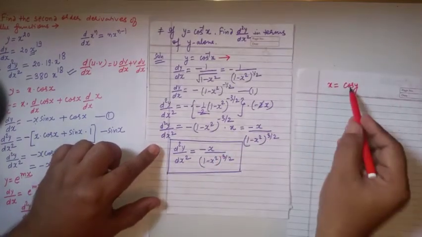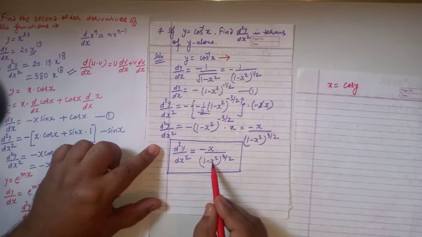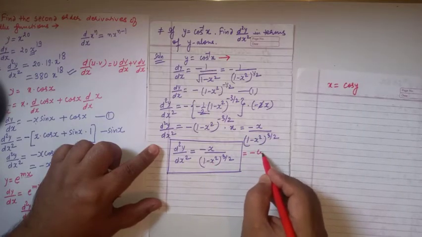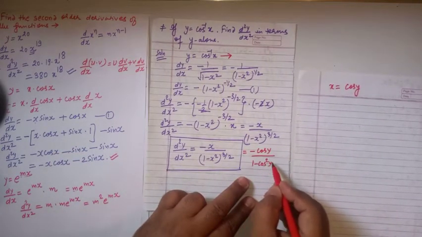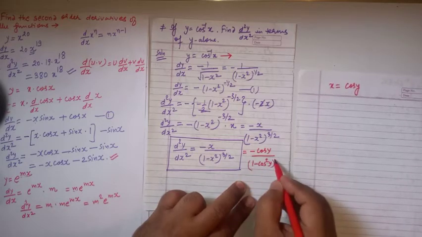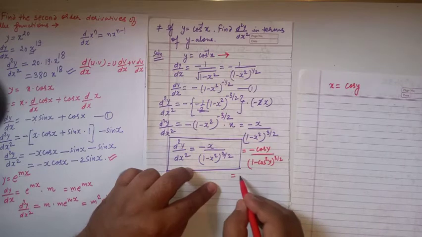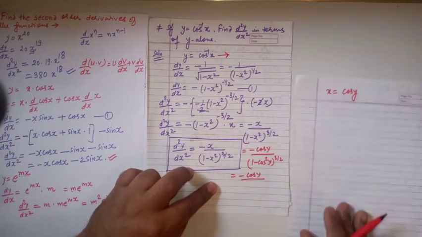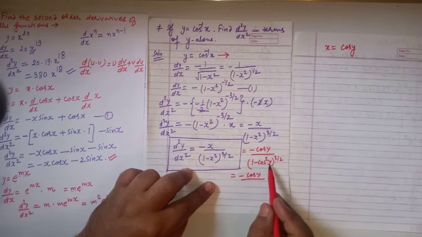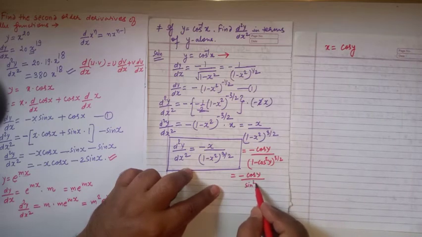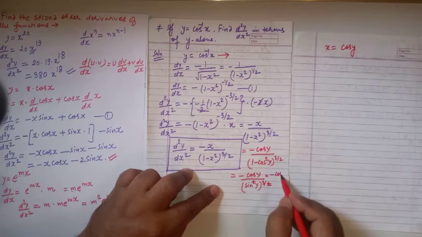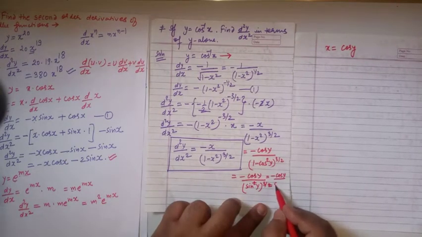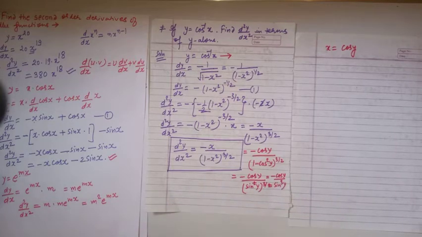And if we substitute x equal to cos y in this expression, then we have minus cos y, and then we have (1 minus cos square y) raised to 3 by 2, and this is minus cos y divided by, 1 minus cos square y is sin square y, so we have (sin square y) raised to 3 by 2, so 2 and 2 get cancelled, so we have minus cos y divided by sine cube y, right?